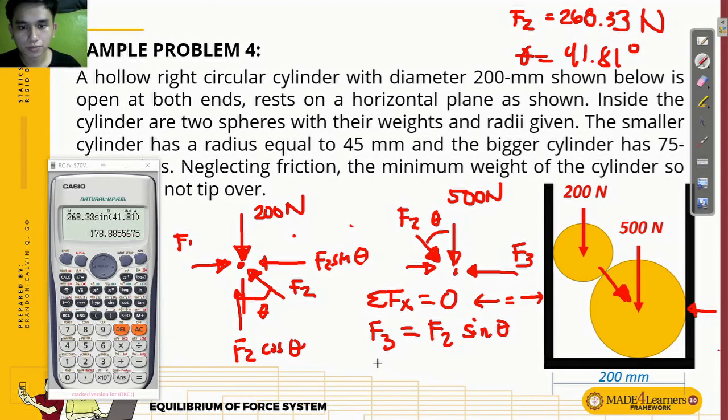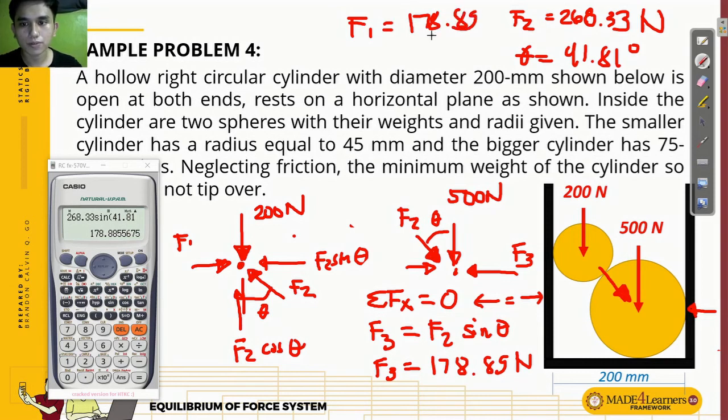F2 is 268.33 times sine of 41.81. Therefore F3 is equal to 178.89. Actually, we can now solve F1, and its value is the same as F3: F1 is equal to F2 sine theta.